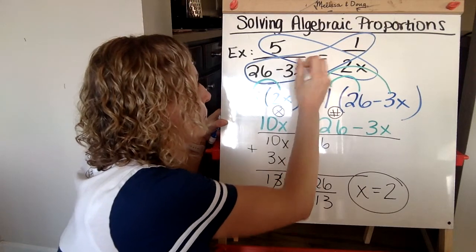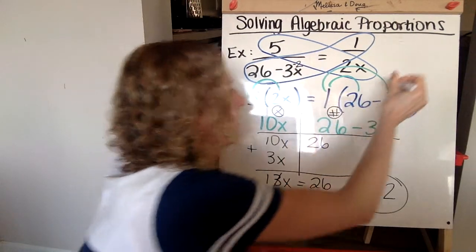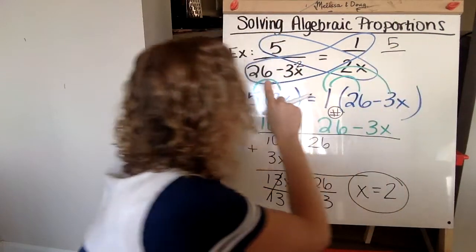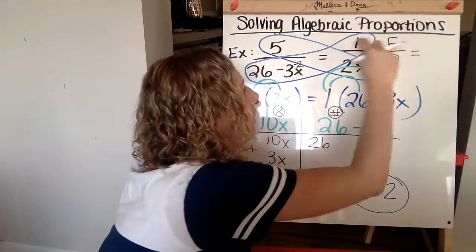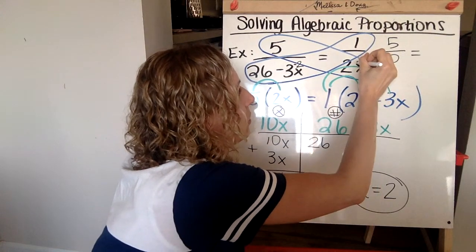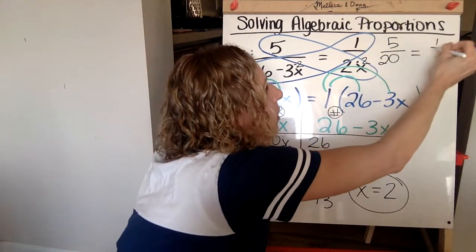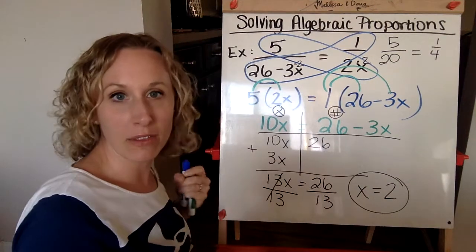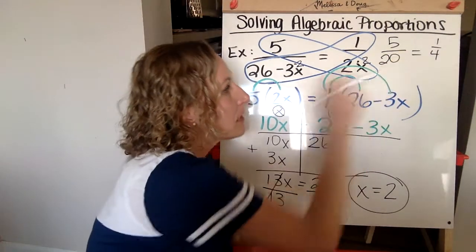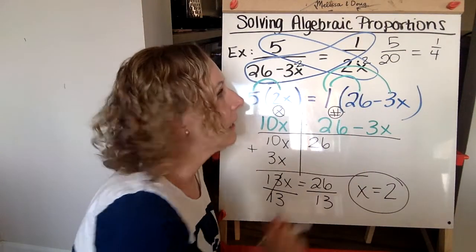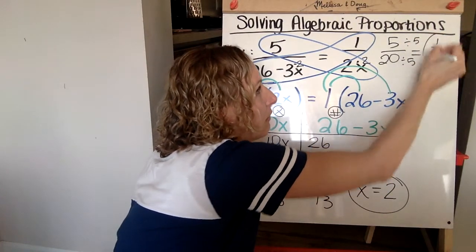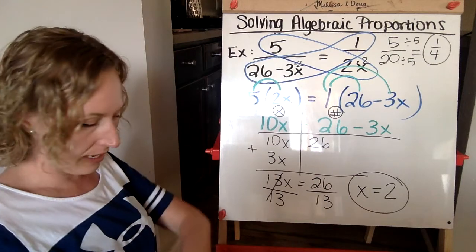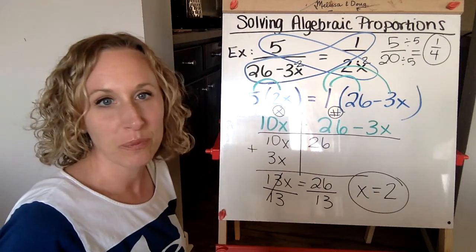Well, 3 times 2 is actually 6, so this is really 5 over 26 minus 6, so that would be 20, equal 1 over 2 times 2, equal 1 over 4. And if you simplify 5 over 20, you divide that by 5 and this by 5, you do in fact get 1 over 4, and that's how you would check your answer.